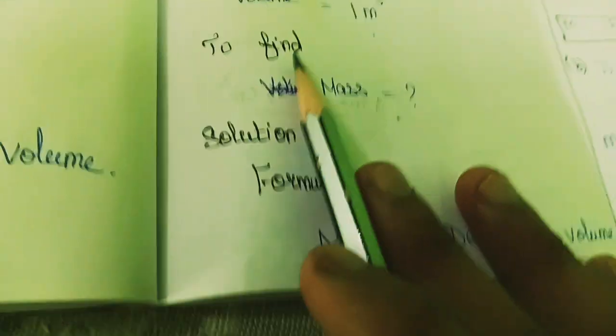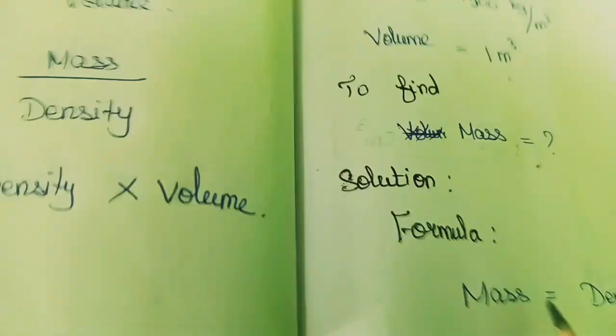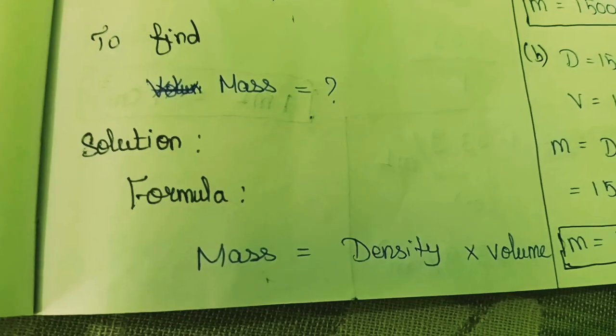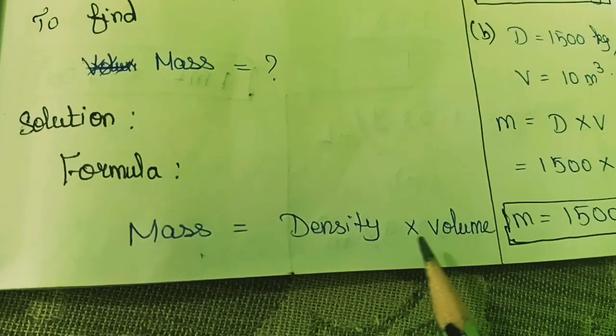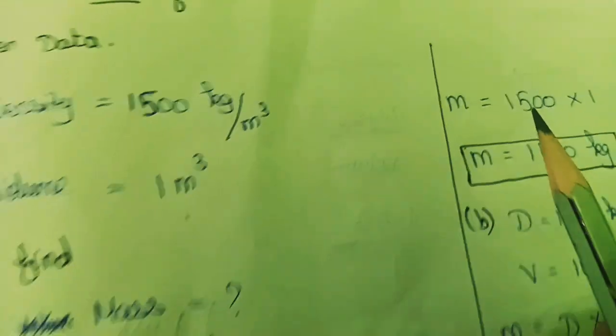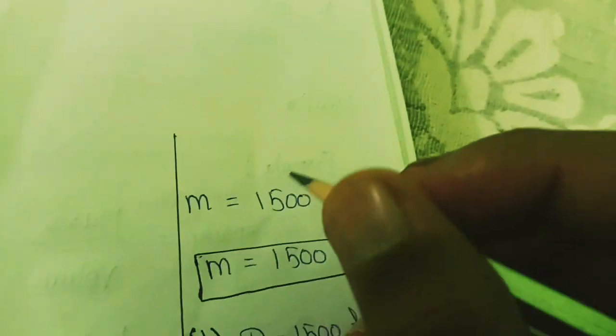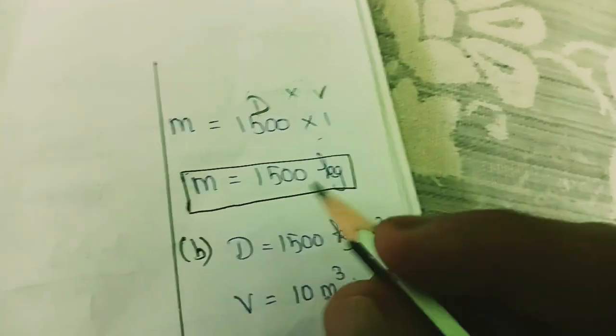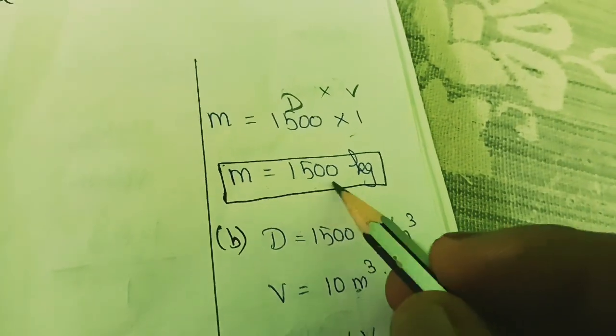Okay. So to find mass, what's the formula? Next step, formula: mass is equal to density into volume. So first mass: 1500 into 1. This 1500 is density and this 1 is volume. When you multiply, you will be getting 1500 kilogram.